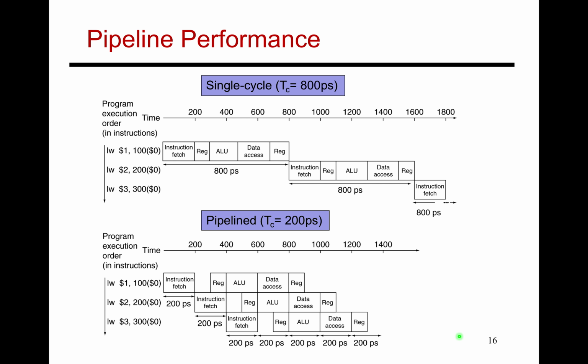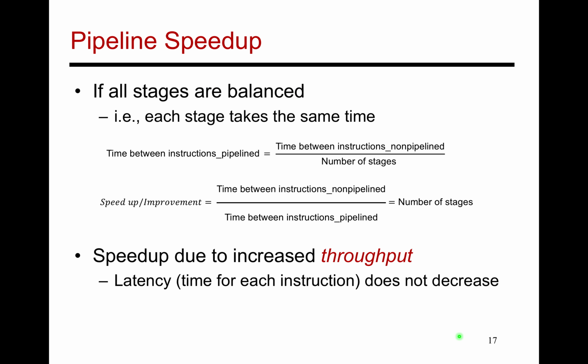So let's see if we can formalize what the performance of a pipeline looks like. Let's assume that all the pipeline stages are balanced, meaning that they all take the same time. If things are unbalanced, then the operation of the pipeline becomes a lot more complicated, and speed ups would be a lot less.